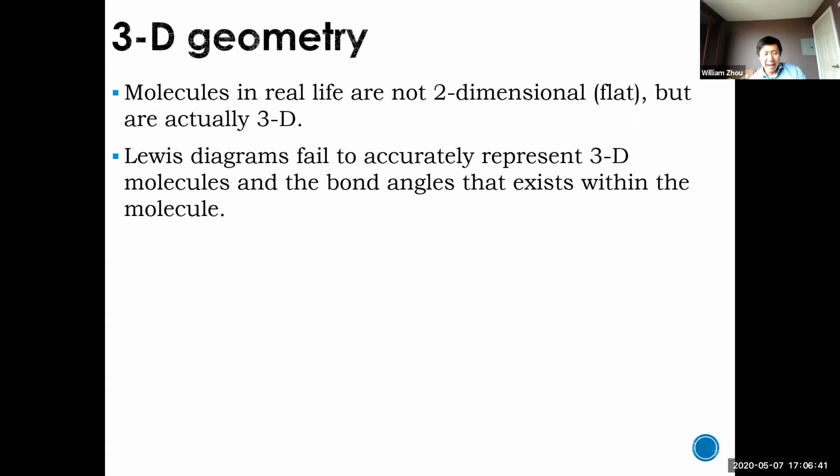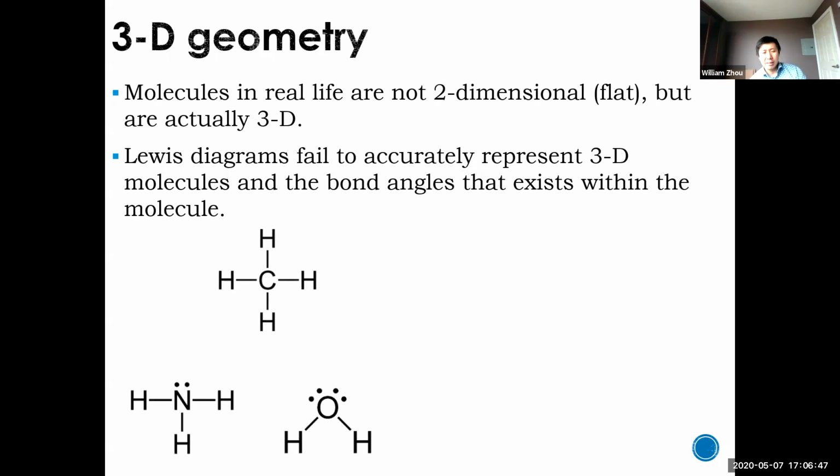The angles in the Lewis diagrams are not the actual angles in the real molecule. For example, if you check out methane, CH4, on paper, all the hydrogens are 90 degrees from each other. But real life methane is not like that.